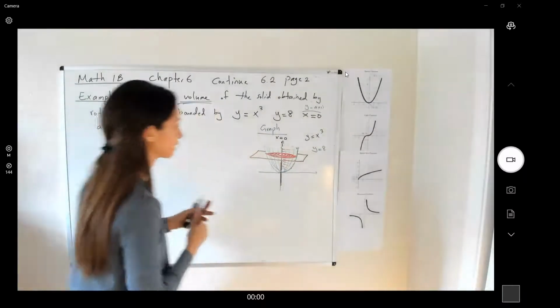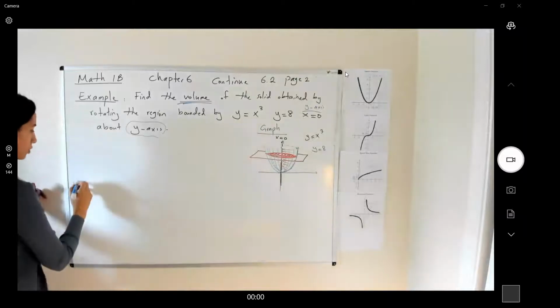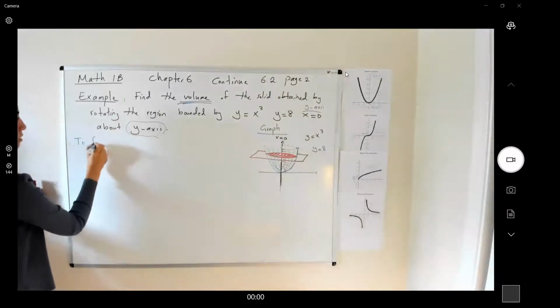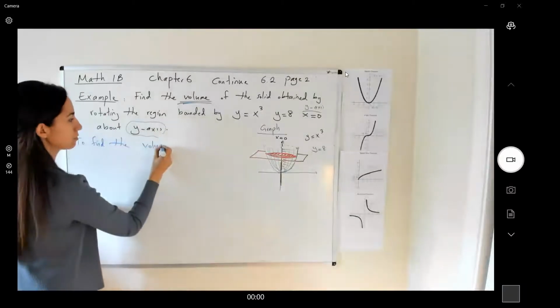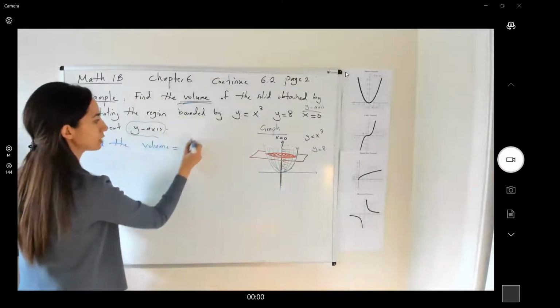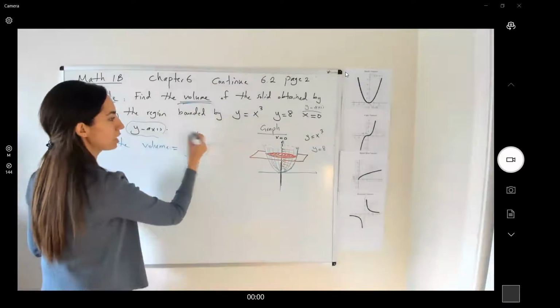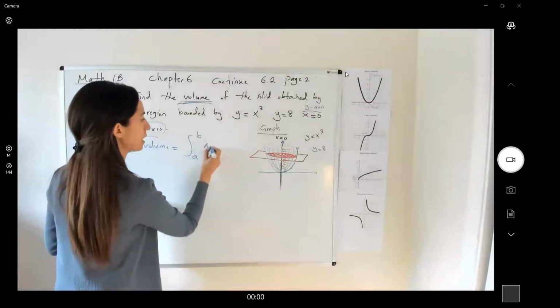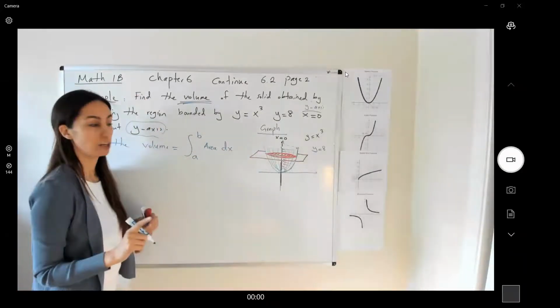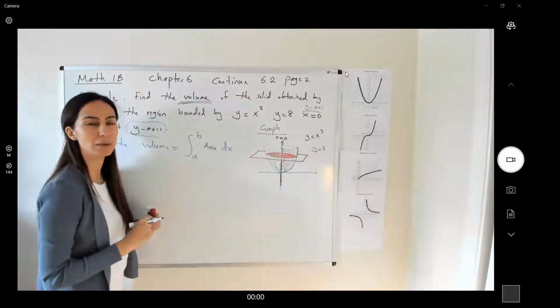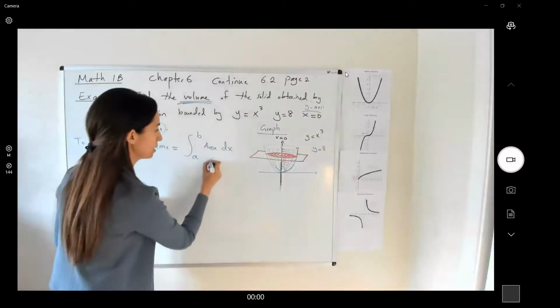Okay, perfect. So the volume is equal to the integral from a to b of the area dx, if you're rotating about the x-axis.